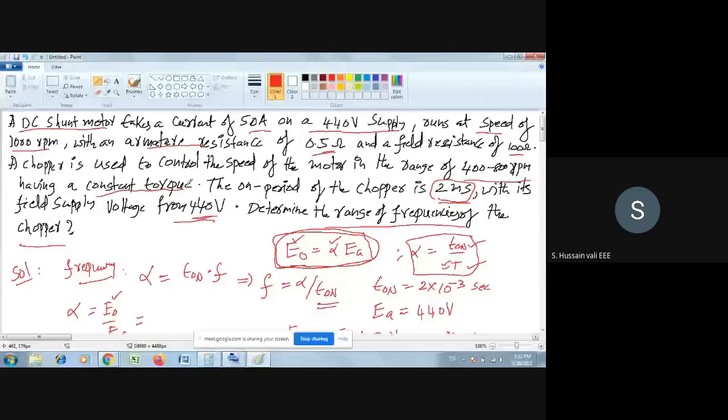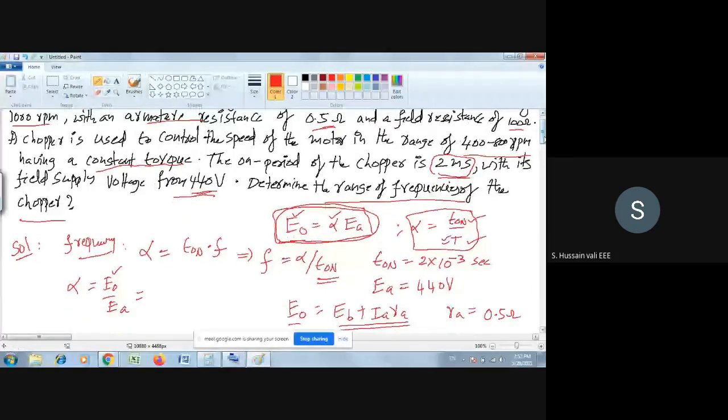Go back to the DC shunt motor data: a DC shunt motor takes a current of 50 ampere on 440 volts and runs at a speed of 1000 rpm. So the armature current is 50 ampere, and since the torque is constant, I will consider this armature current as constant. So IA is equal to 50 ampere.